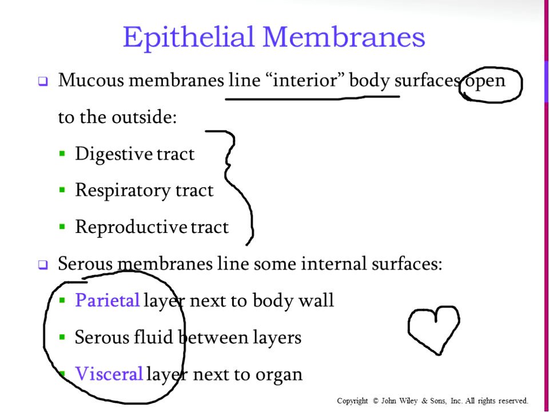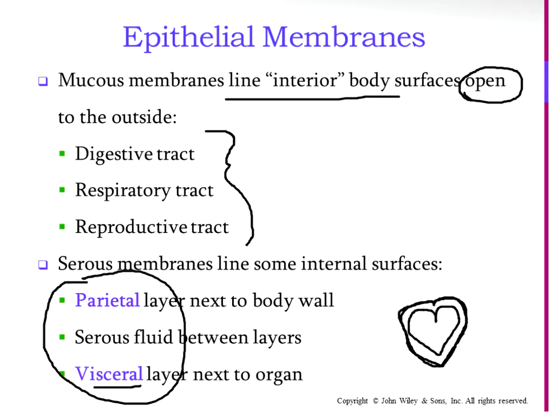Peri means around. That serous membrane, the pericardium, has two layers. The outer layer is called parietal, and it is, in this case, the outermost layer of that serous membrane.